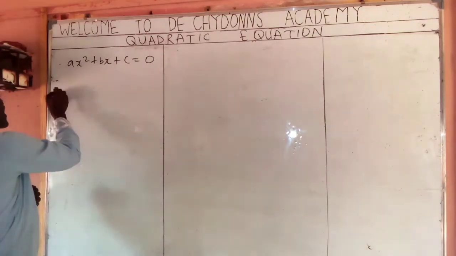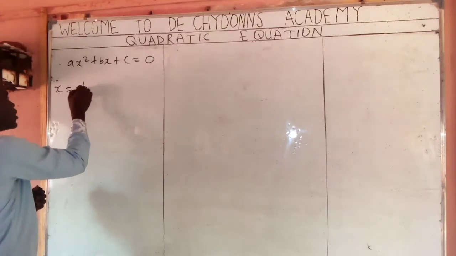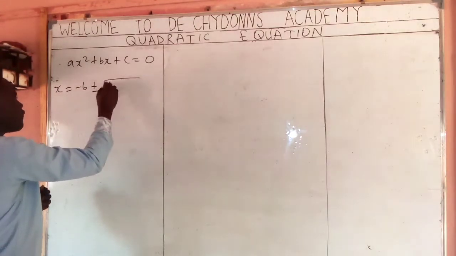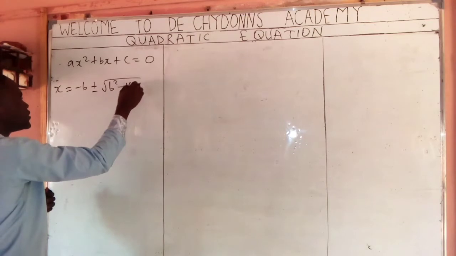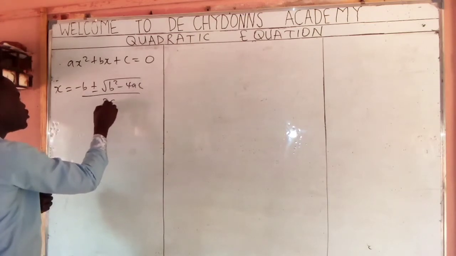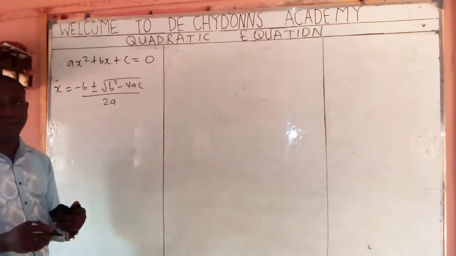So we derived the quadratic formula to be x equals minus b plus or minus square root of b squared minus 4ac all over 2a. Okay?